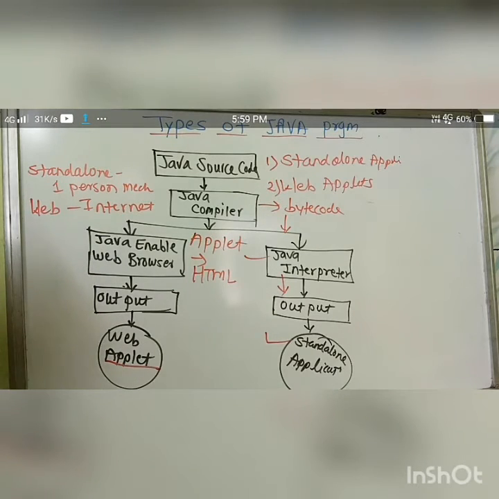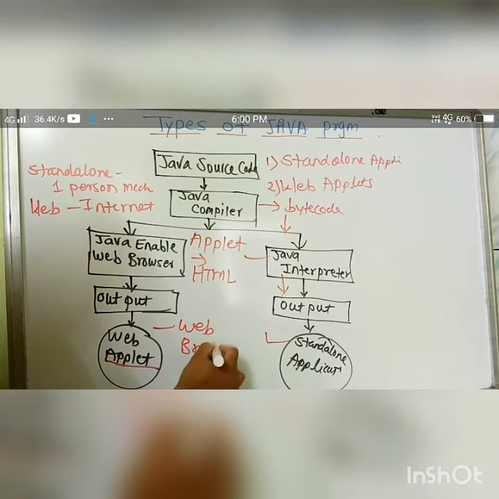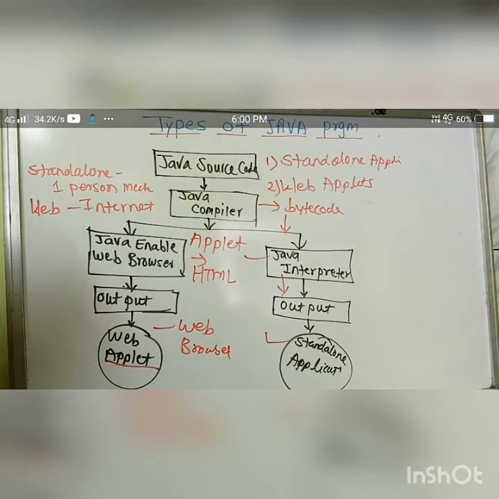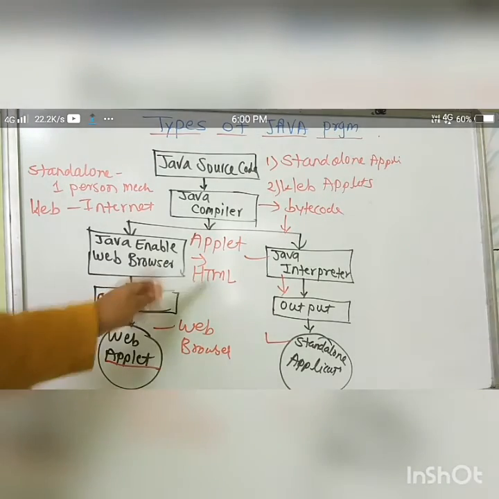But one limitation of the applet is that it can only run within a web browser. You can use any suitable web browser, but it is a web-based application using HTML as the basic code.